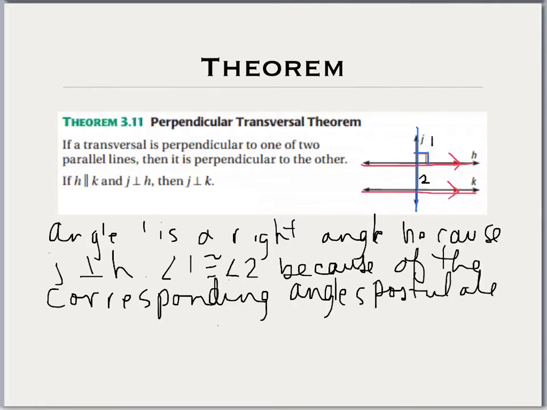Okay. And therefore we can say, since angle 1 is a right angle, we can say angle 2 is a right angle.